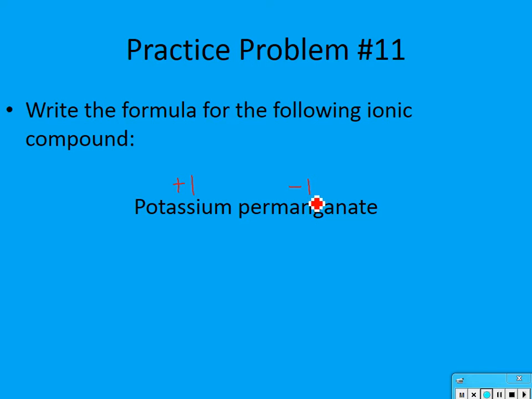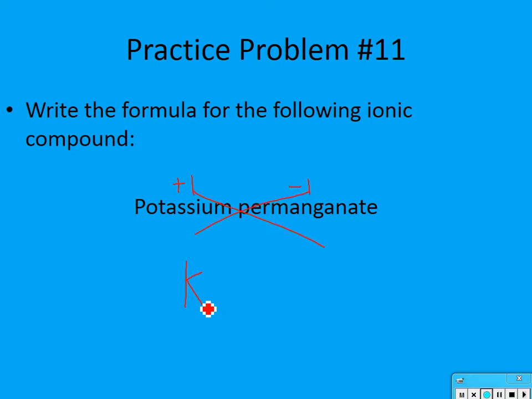Now what do we do? Crisscross. So that one comes there, this one comes over there. Do I ever bring the signs down? Nope, just the numbers. So potassium, what's its symbol? K. Do I need to bring the 1 and write it right here? Nope, it's implied. Permanganate, how do I figure out its formula? Look on your table.